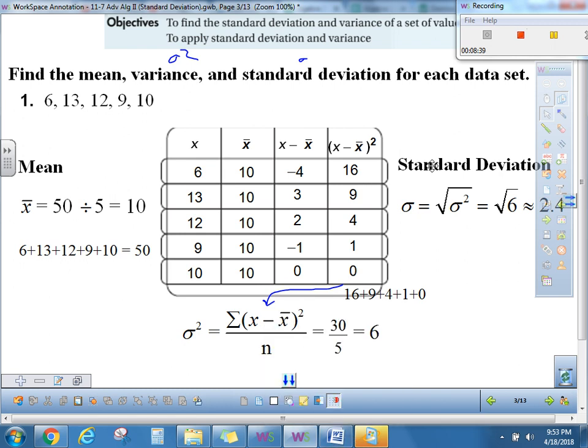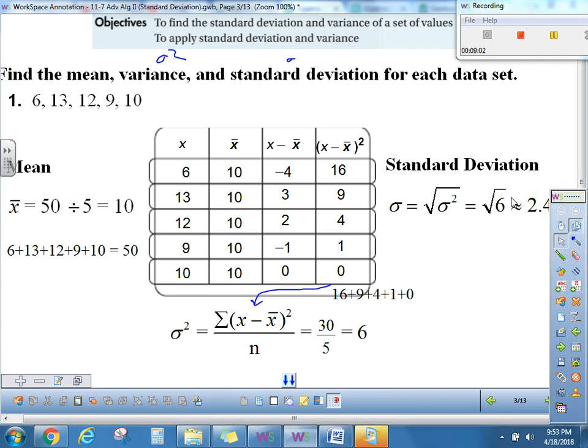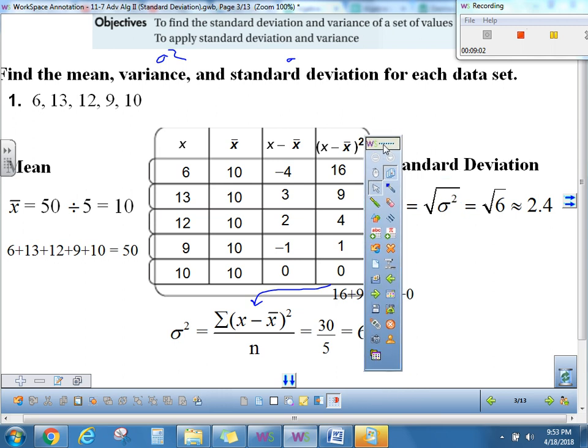And that's telling you how spread out your data is. One that you're going to see, I think, a bit more often is standard deviation, especially once we get into normal distributions, which is to come. But your standard deviation, all you're going to do is take whatever you got for sigma squared, or your variance, and take the square root of that. So you're going to type this one in your calculator. 6 is not a perfect square. So the square root of 6 gives you approximately 2.4.